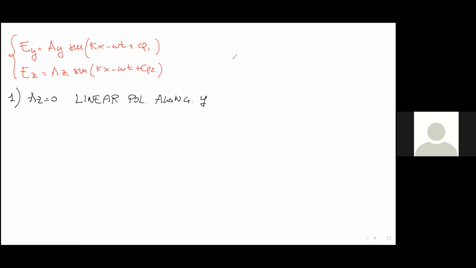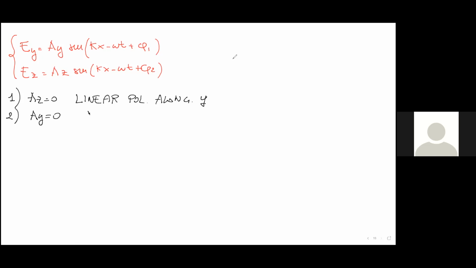Very often, when you have a laser, light coming out from a laser is vertically polarized. So the light, the field oscillates in the vertical plane. Okay? Then you can have, of course, AY equal to 0.